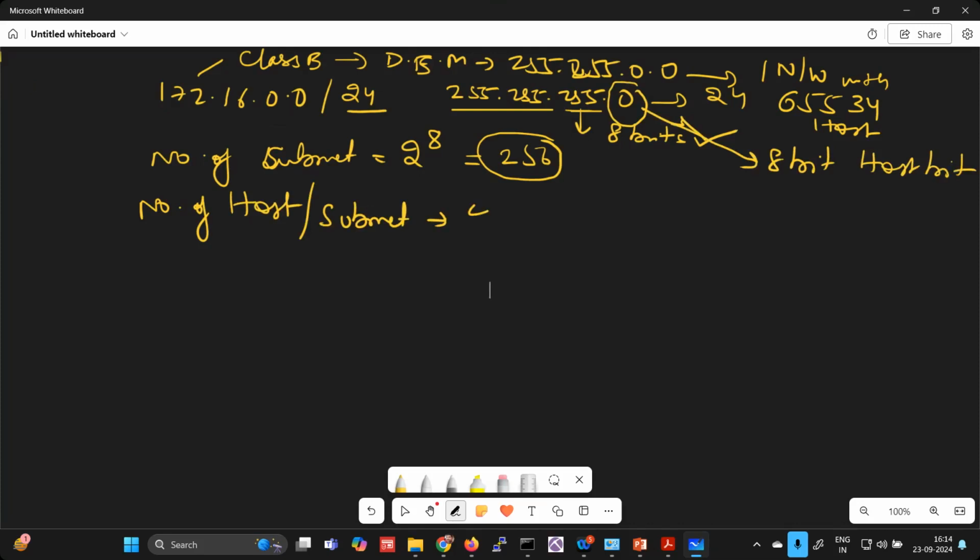So we have 2 to the power 8 minus 2. Why minus 2? The first address is always the network address, and the last IP address belongs to the broadcast IP. That is why we are subtracting. So we have 256 minus 2, 254 hosts in each subnet. So we have now 256 subnets.